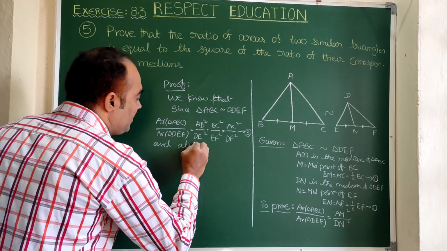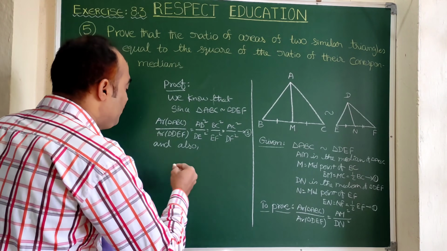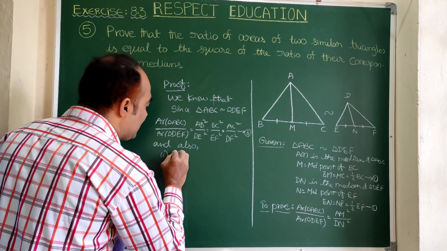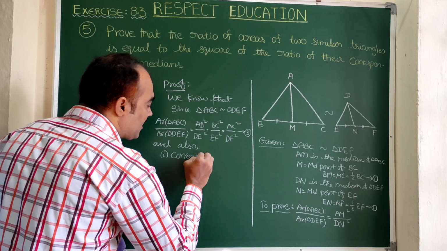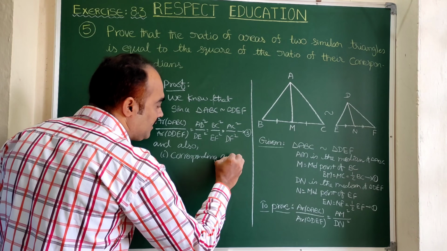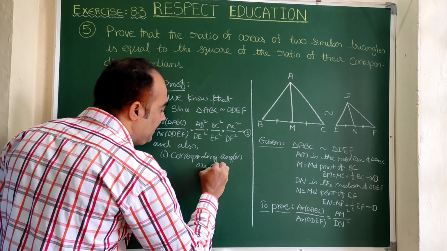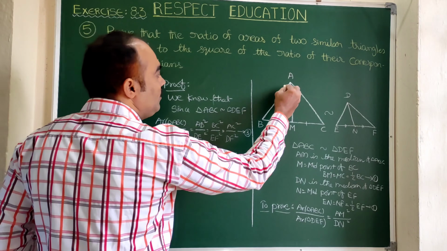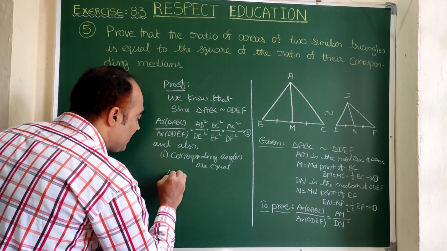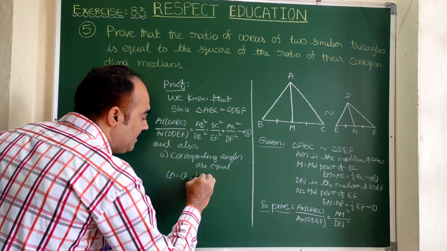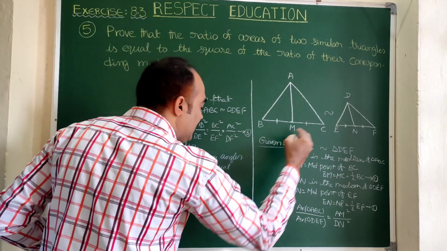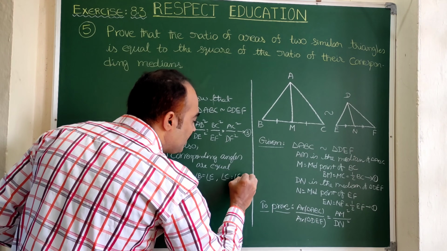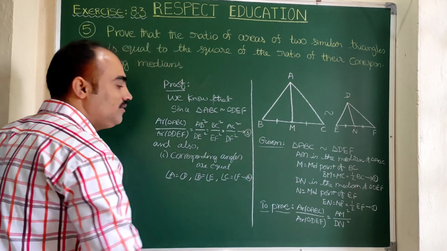And also, since these two triangles are similar, we know two conditions. First one is that their corresponding angles are equal. So we can write that angle A is equal to angle D, angle B is equal to angle E, and angle C is equal to angle F. Let us take it as equation number 4.